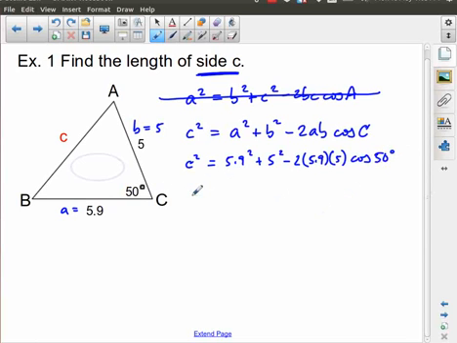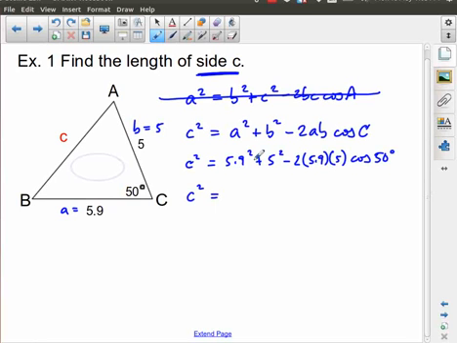C squared is equal to, now this is something you could do all in one step on your calculator, or you could divide it up into multiple steps. I'm going to go ahead and just put it in my calculator as is.